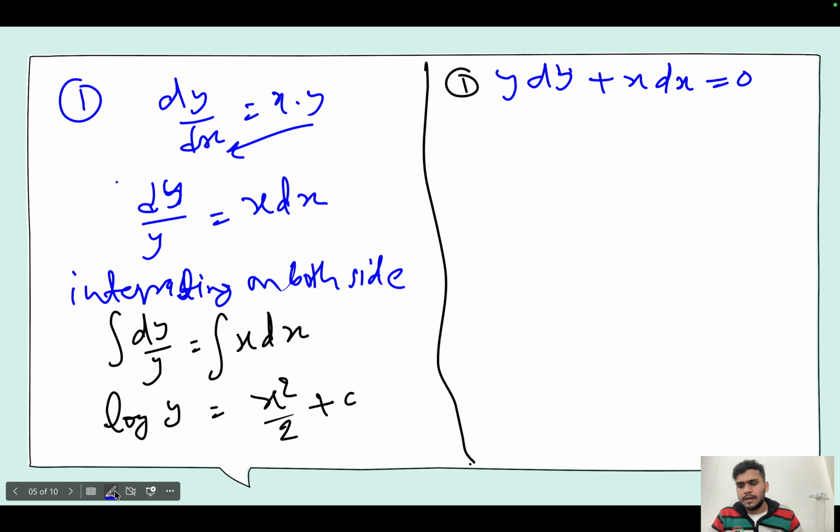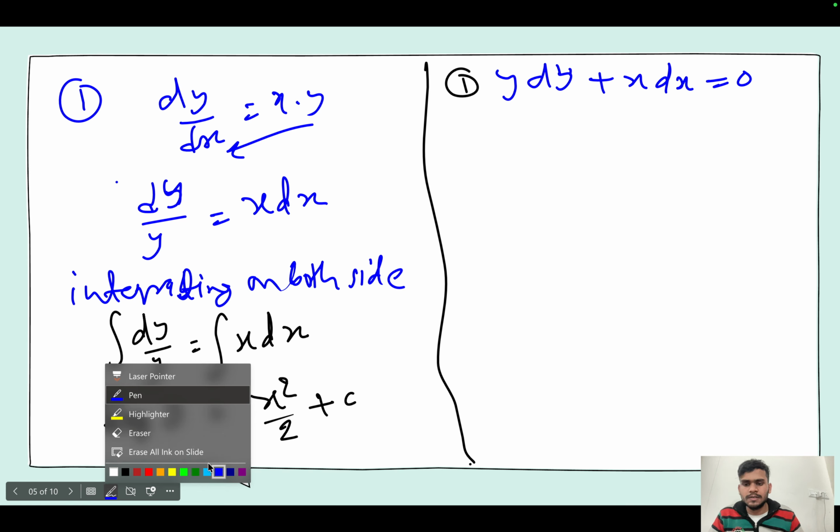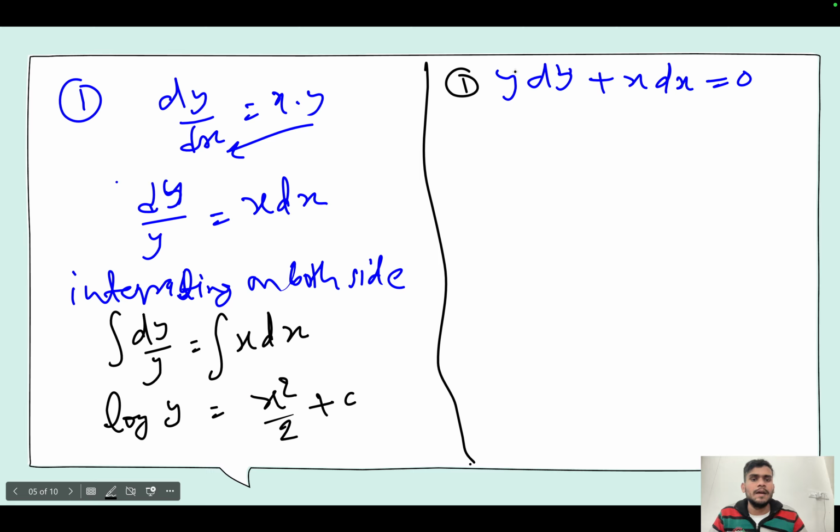As you can see in this example, the variables x and y are already separate, so we don't need to use the variable separable method. We can directly integrate them.